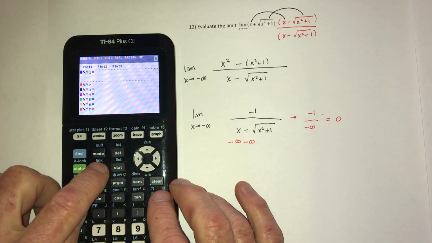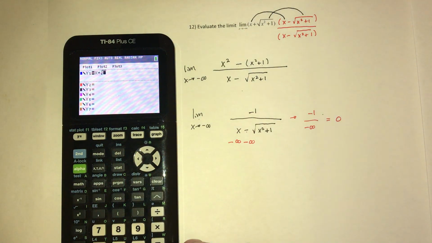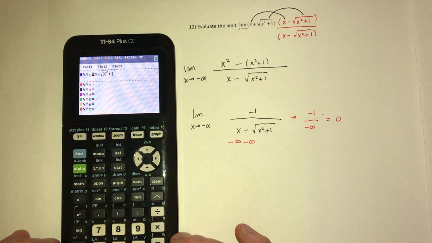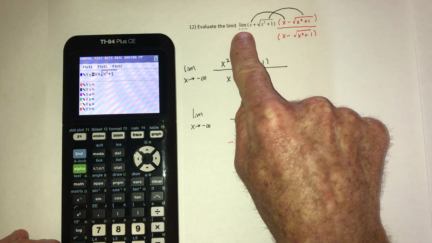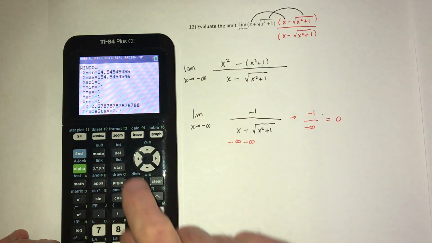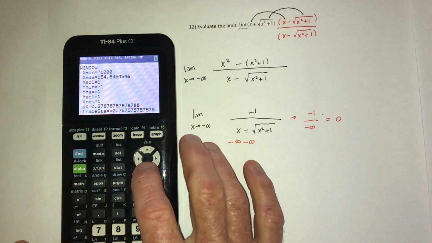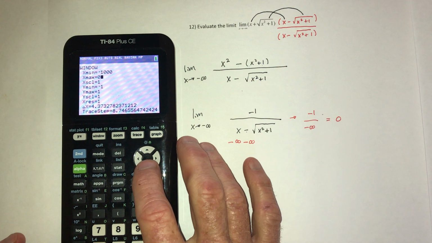So the original problem was x plus the square root of x squared plus 1. And now I need to set the window so I can see what's happening as x goes to negative infinity. Or in other words, this needs to be like, I'll go with negative 1,000. And this part, I could just put 0.